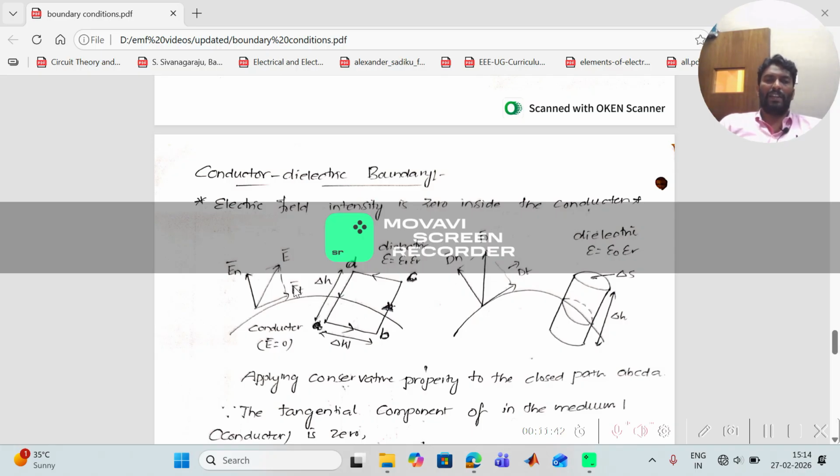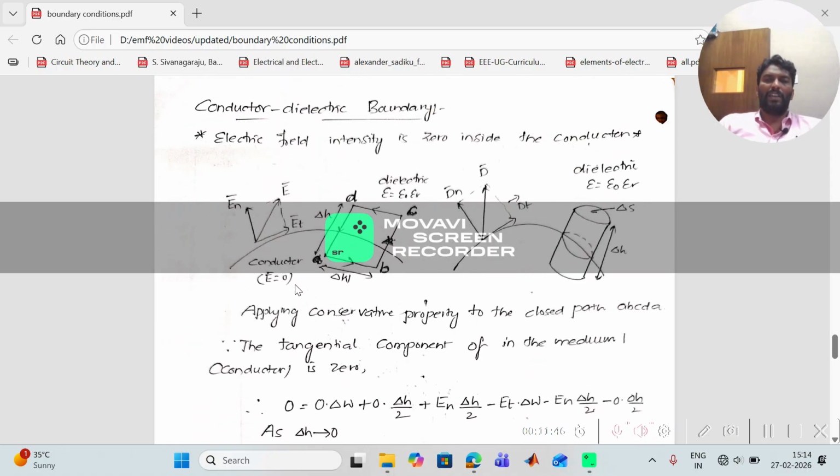So electric field intensity is 0 inside the conductor, as you know. So we can say inside a conductor E bar value is equal to 0. So if we apply here the first region as conductor, we can take directly the value of E bar is equal to 0.